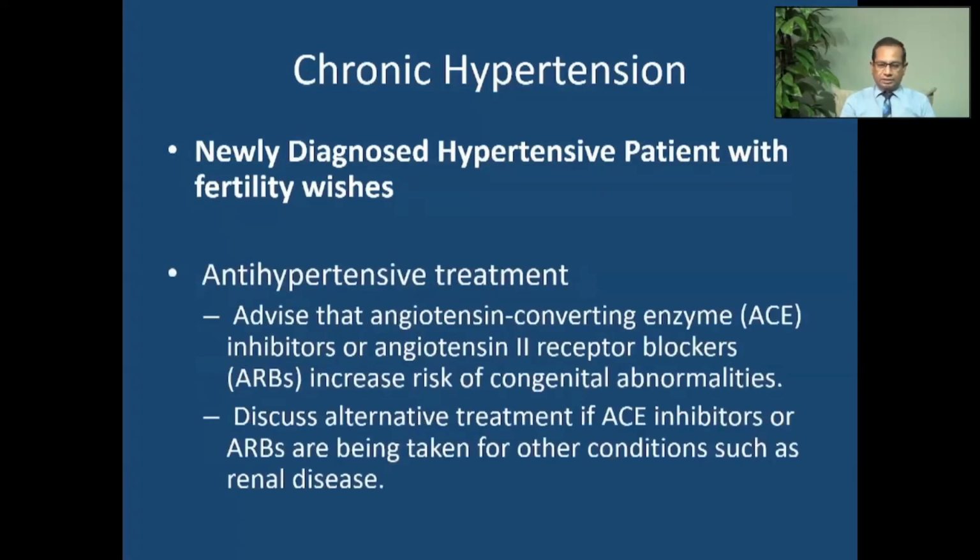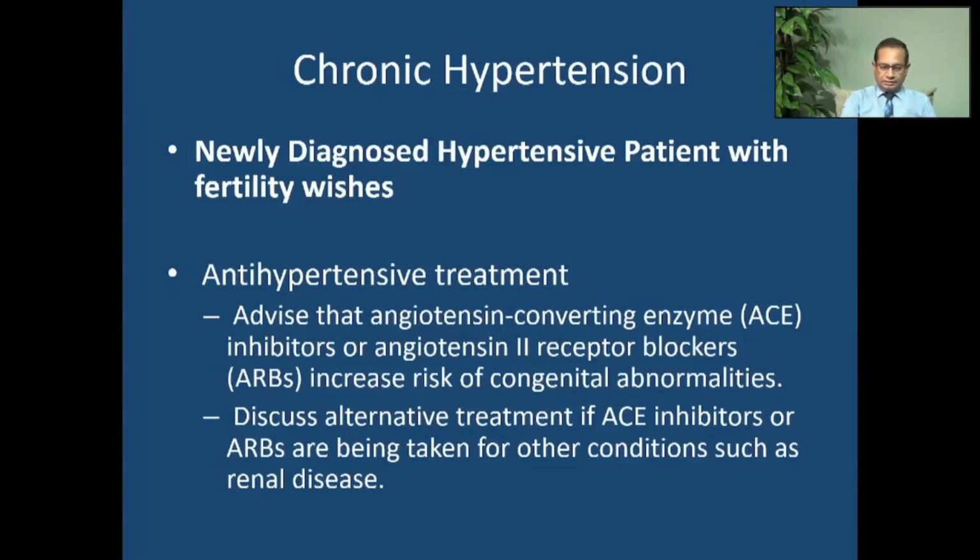And when you are coming to the starting of treatments, now this patient is newly diagnosed and you want to start the treatments. So there are a few aspects, and an important aspect is that you need to advise the patient that angiotensin converting enzyme (ACE) inhibitors or angiotensin receptor blockers (ARBs) increase the risk of congenital abnormalities.